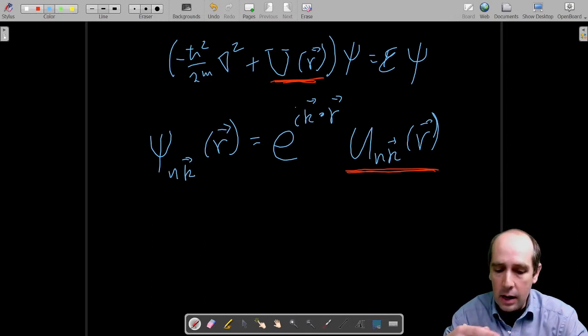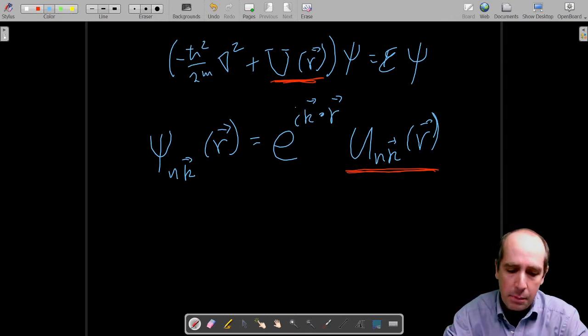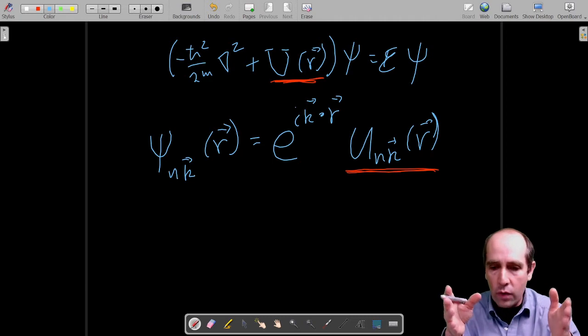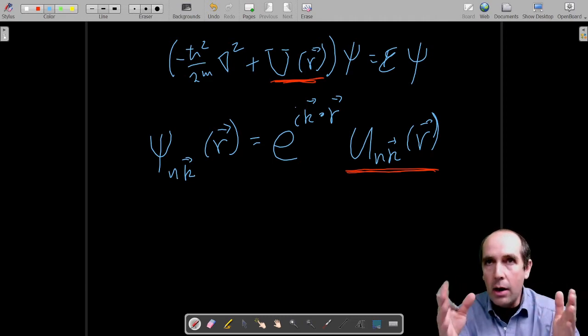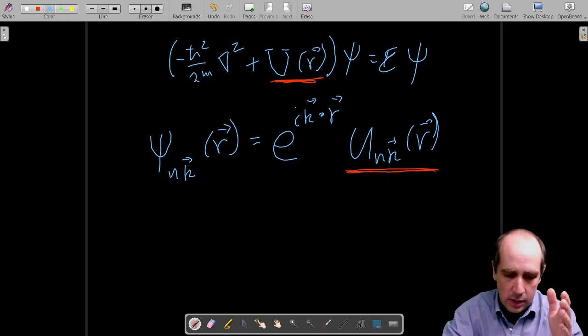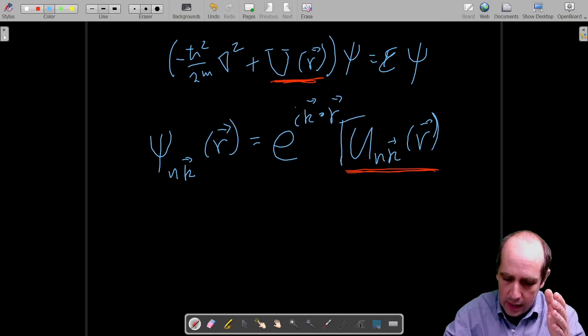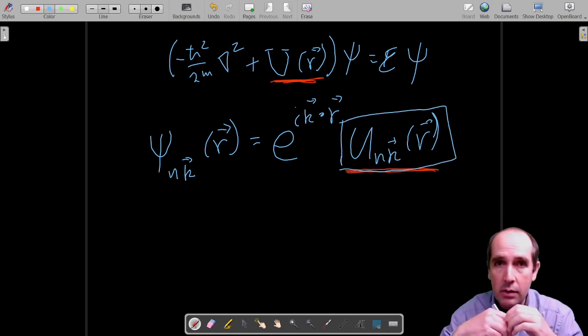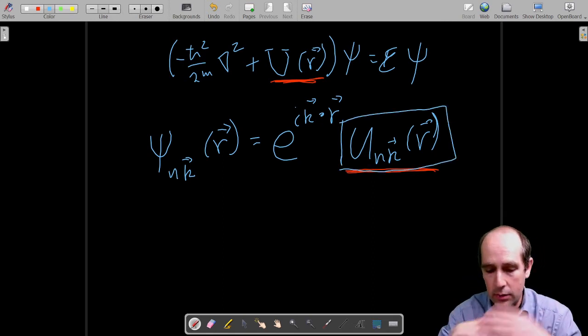So if, let's say, capital U, the potential, repeats over, let's say, 1 nanometer, then the small u, this other function down here, will also have to repeat over a period of 1 nanometer or so.